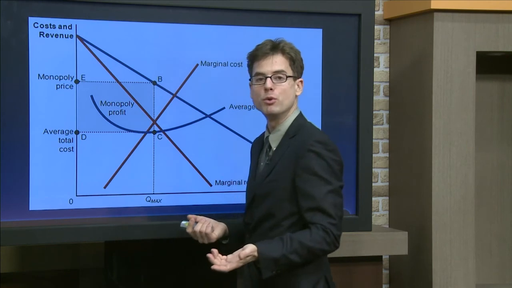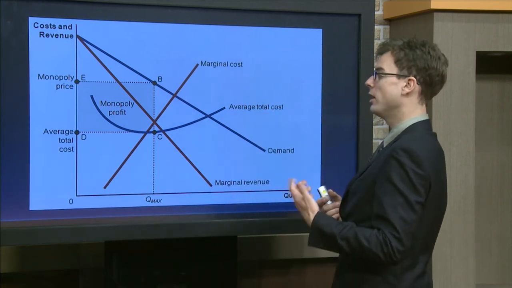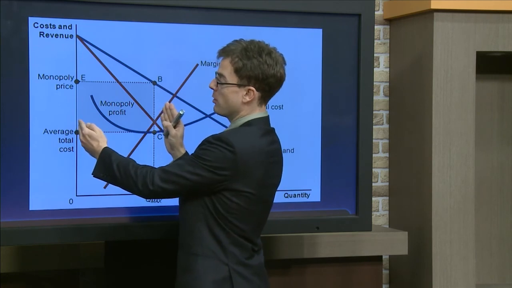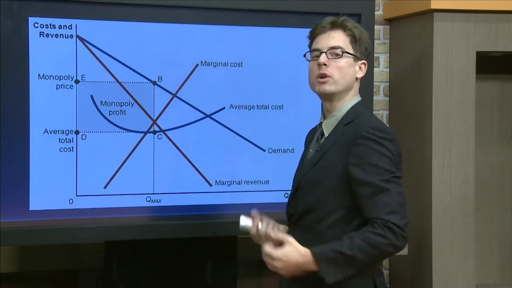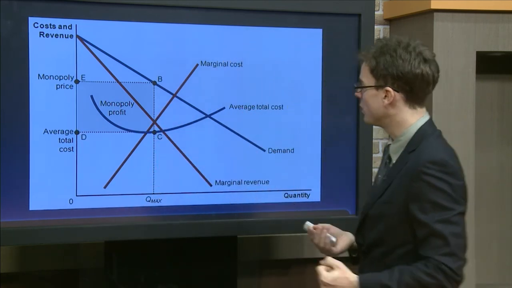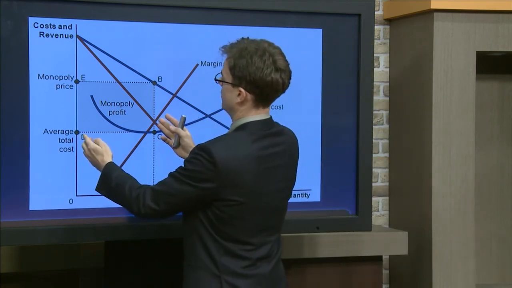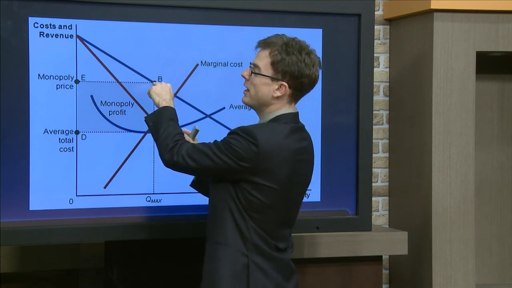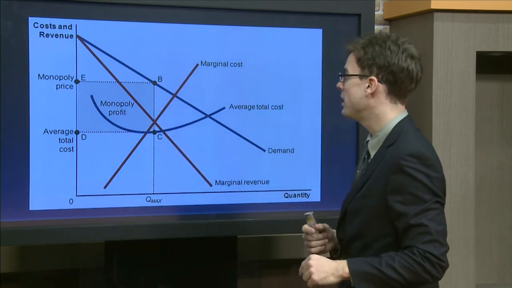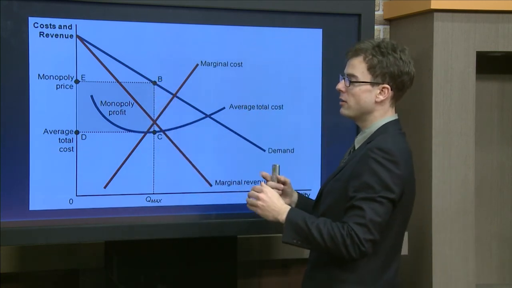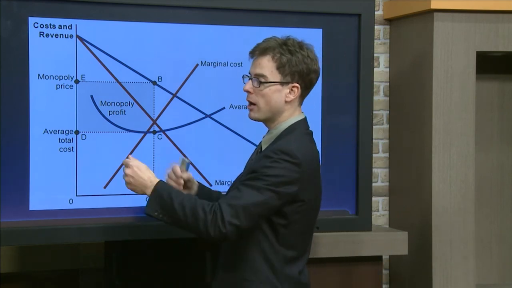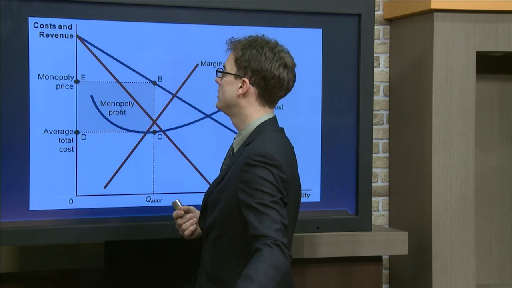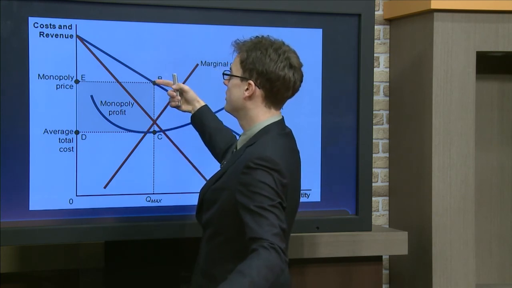What will happen to the price in the market? Well, you should think that if this limited amount of output is thrown into the market, notice that for this output level, consumers are willing to pay a high amount of money. So you can think that the consumers in the market will bid up the price among themselves to this high level.